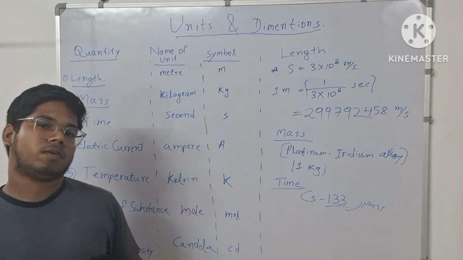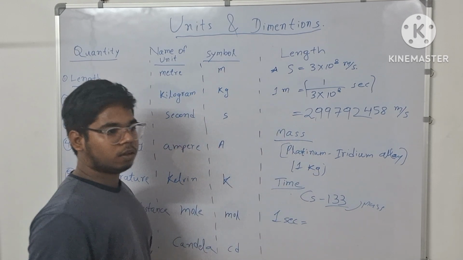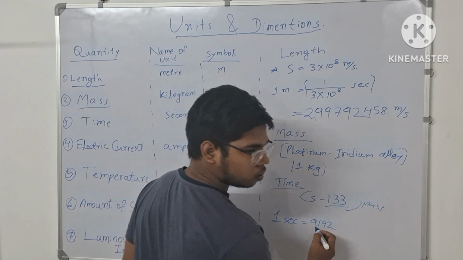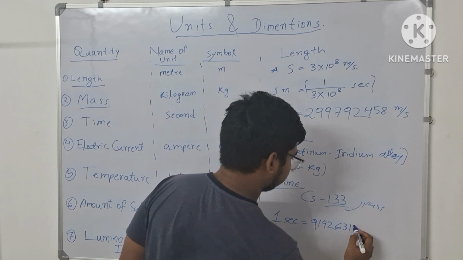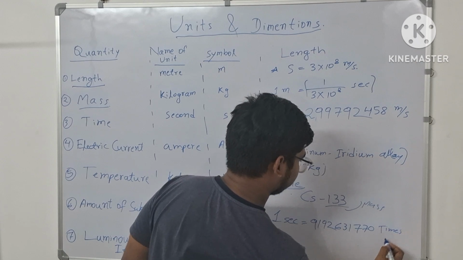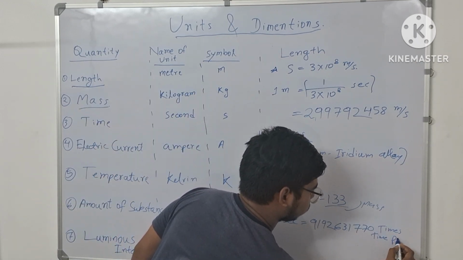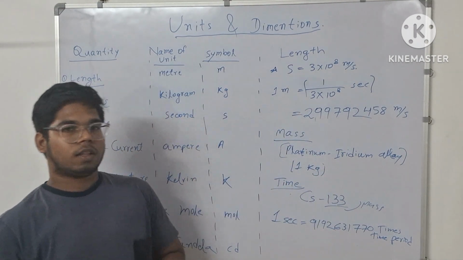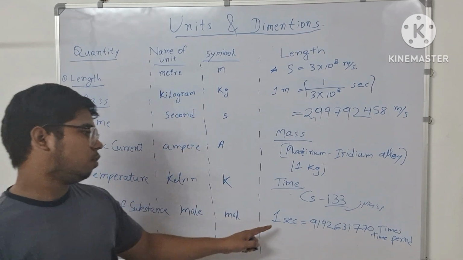We consider 1 second as the time required for 9,192,631,770 time periods of that radiation.